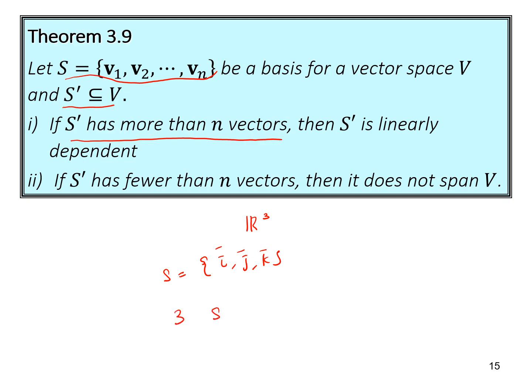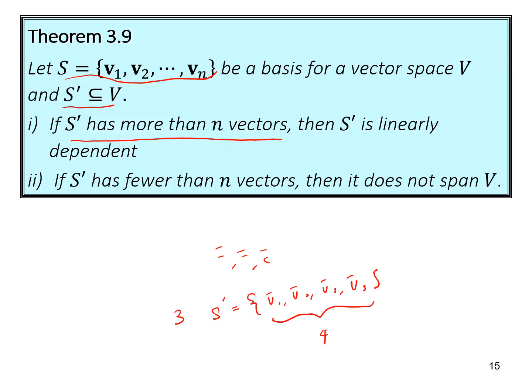So if we have another set S′ containing v1, v2, v3 and v4, the number of elements of S′ is 4 but the number of elements of S is 3, and 4 is greater than 3, therefore S′ is linearly dependent, whenever the number of elements in S′ is more than the number of elements in the basis.